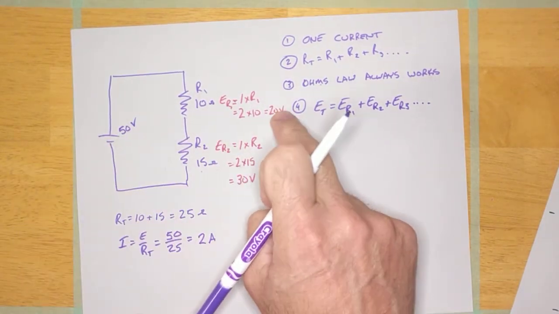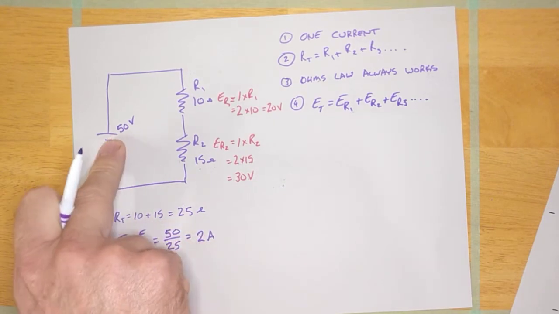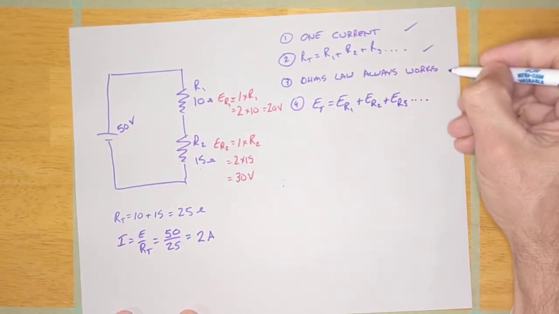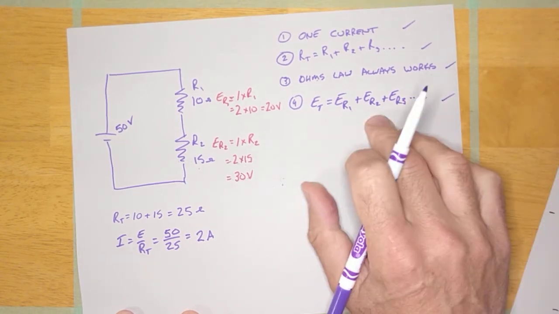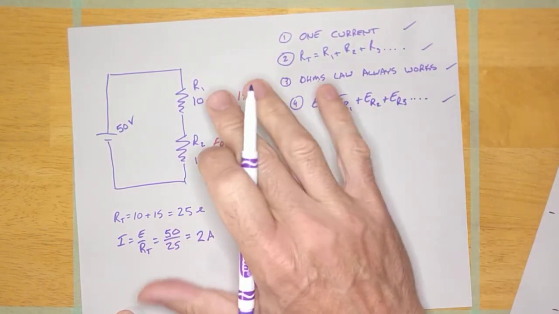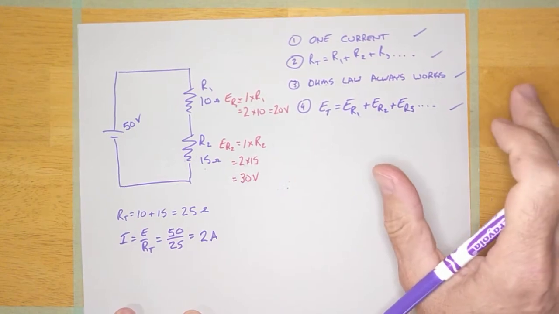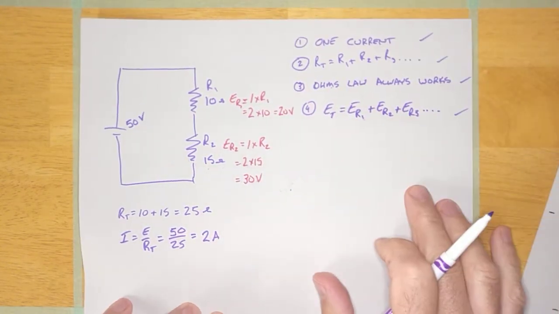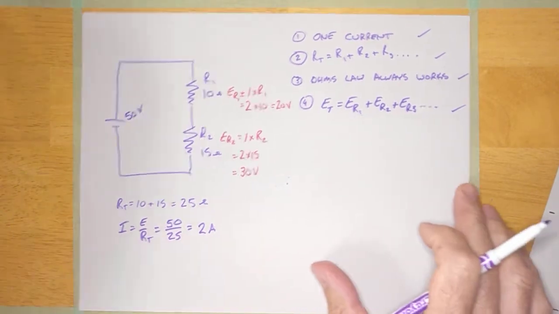So that means that 20 plus 30 must equal 50, and it does, okay? So what that means is all these rules are working, Ohm's law is working, everything is working, and I can check my answers and it's all good. All right, guys? So those are the rules for series circuits.